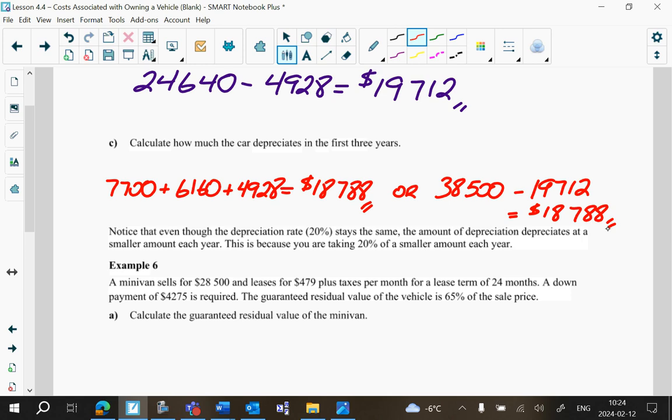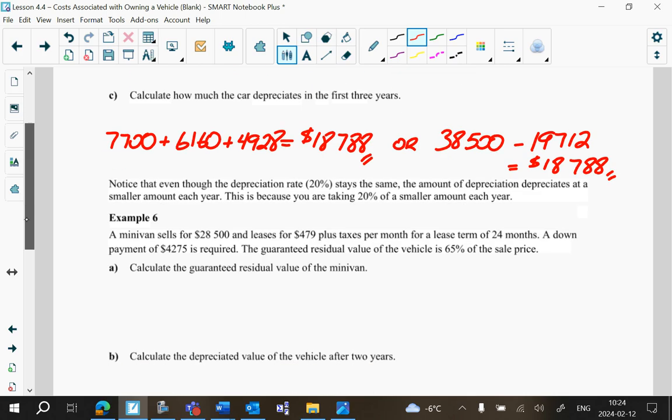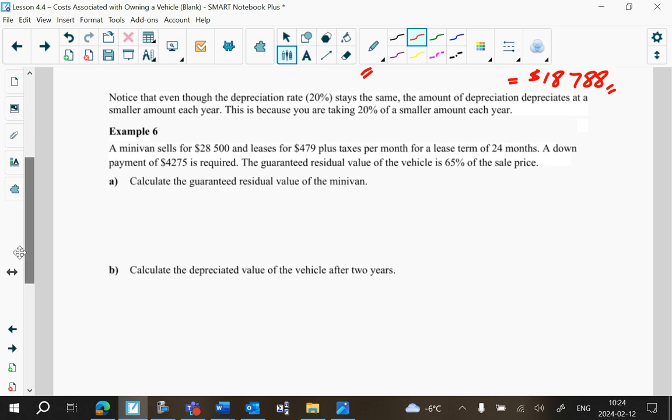So let's just look at a couple last examples, which also tie into what we did in the earlier lessons in this unit, because it's going to be important to know how to use a table and things like that. So we've got a minivan that sells for $28,500, and it also leases for $479 plus taxes per month for a lease term of 24 months.